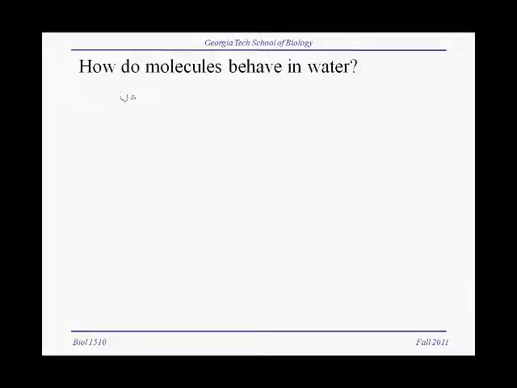And the hydrogen atoms have a partial positive charge. So the entire molecule looks like one end is slightly negative and the other end is slightly positive.